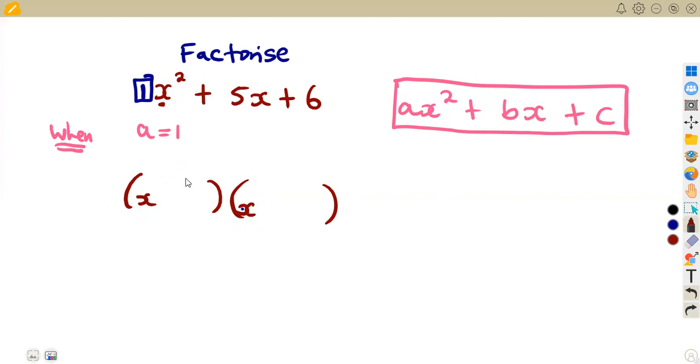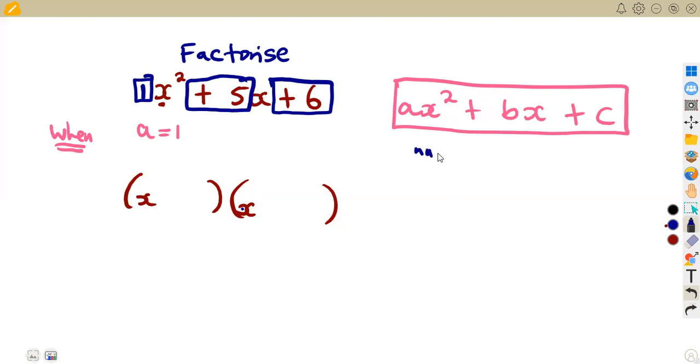On a condition like this, once this is 1, I told you that you focus on the constant, which is 6. You're going to find numbers that you multiply to get 6. But these numbers must add up to 5.